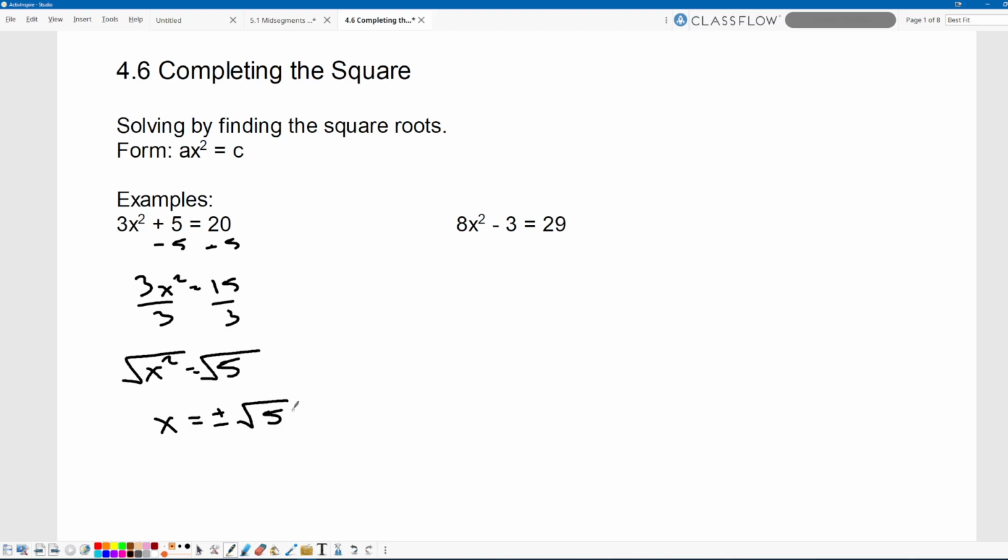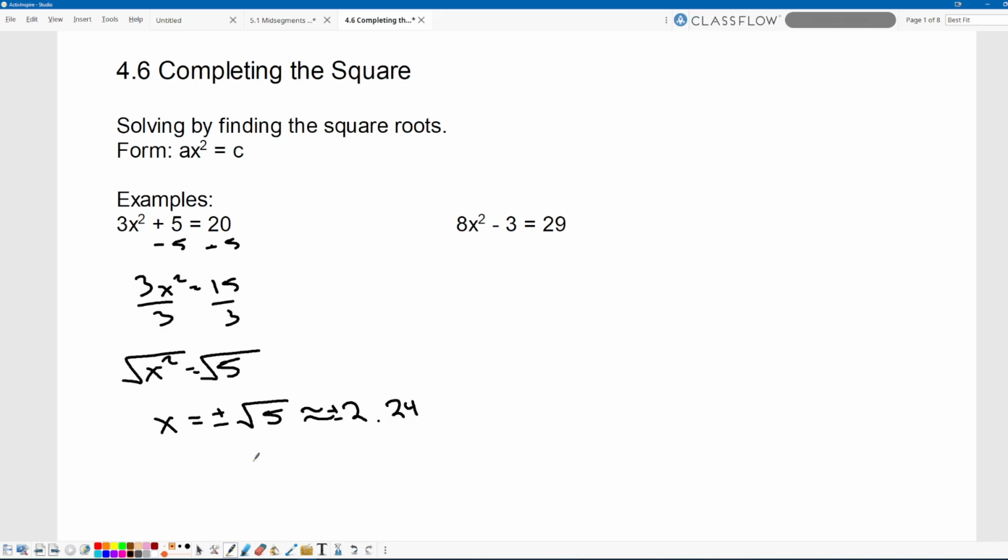The square root of 5 is going to be a decimal, approximately 2.24, I believe. So the square root of 5 is either positive 2.24 or negative 2.24. The reason why is that if you take 2.24 and square it, you would get approximately 5. If you take a negative 2.24 and square it, you would also get the same thing.